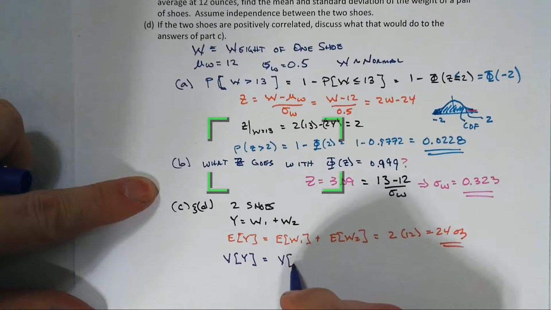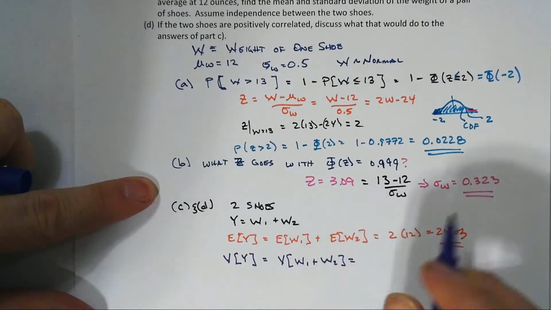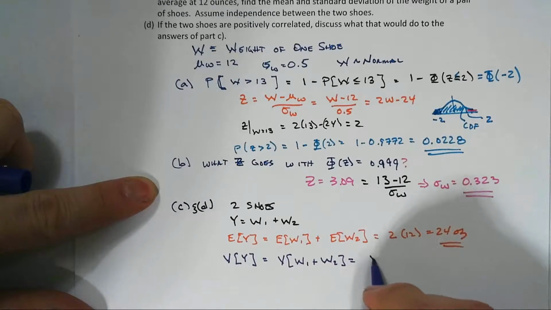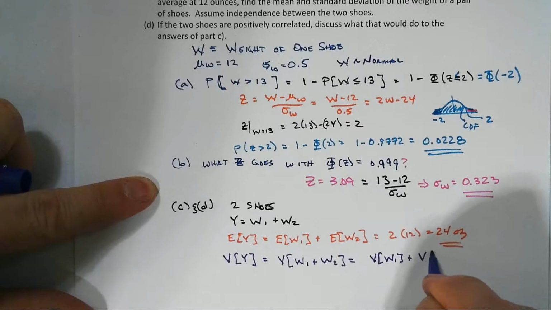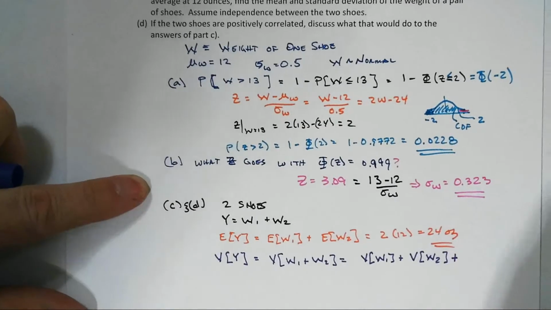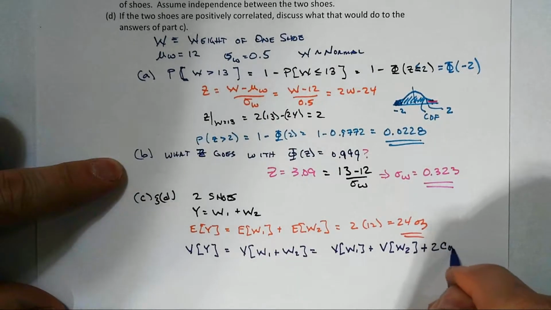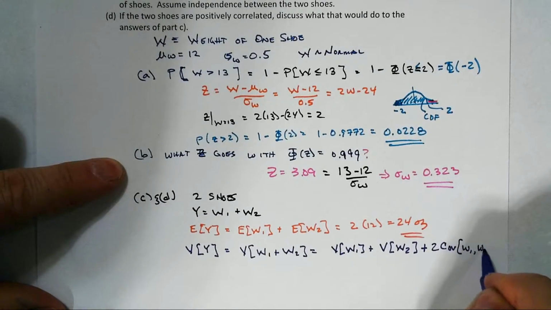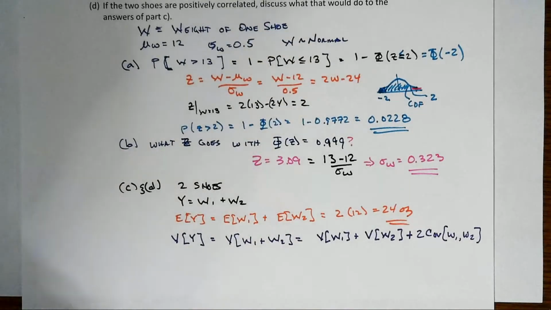All right, so wait a minute, let's work this out. That is going to be the variance of the individual one plus the variance of the second one. And then we've got to get in there 2 times the covariance of these 2. Right, so let's flesh this out just a little bit more, tease it out.